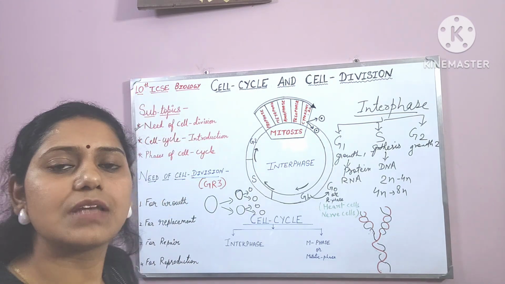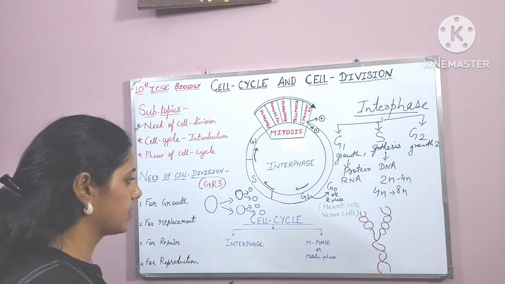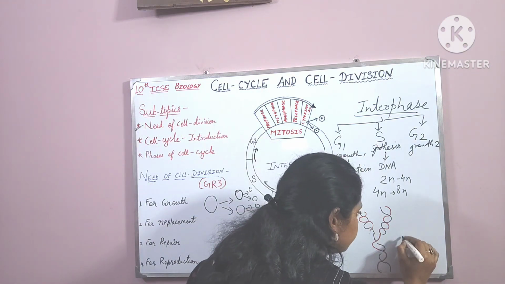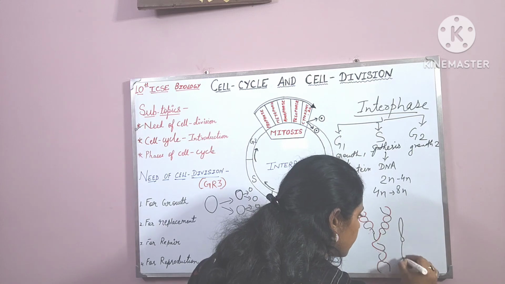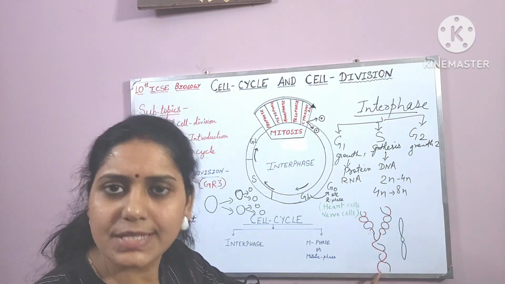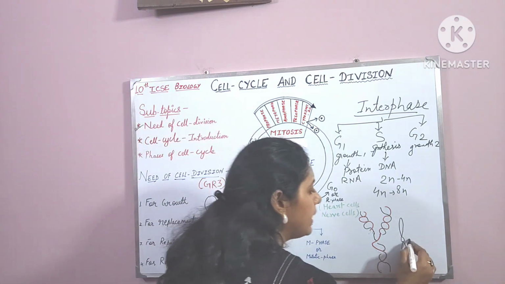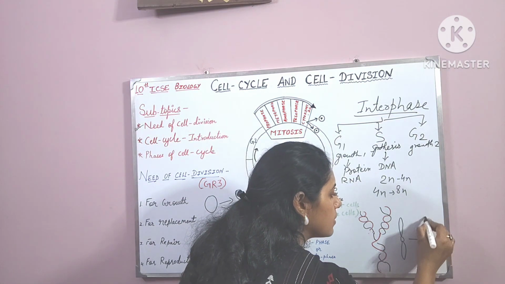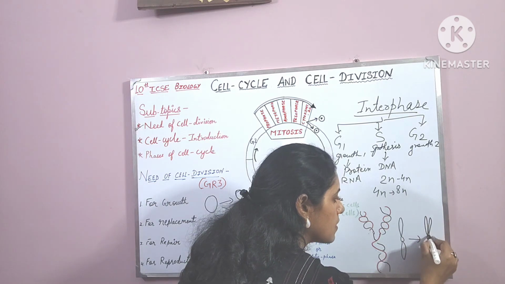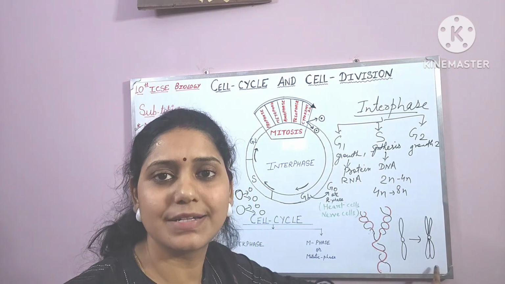When a cell is doubling its DNA content, right? A chromosome, see here. This is one chromosome. So when DNA is doubling its content, this one single chromosome will replicate into 2 chromatids.